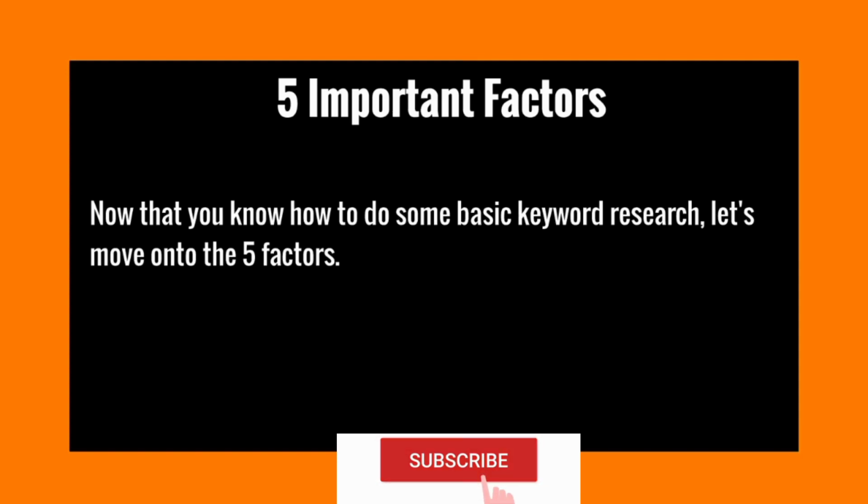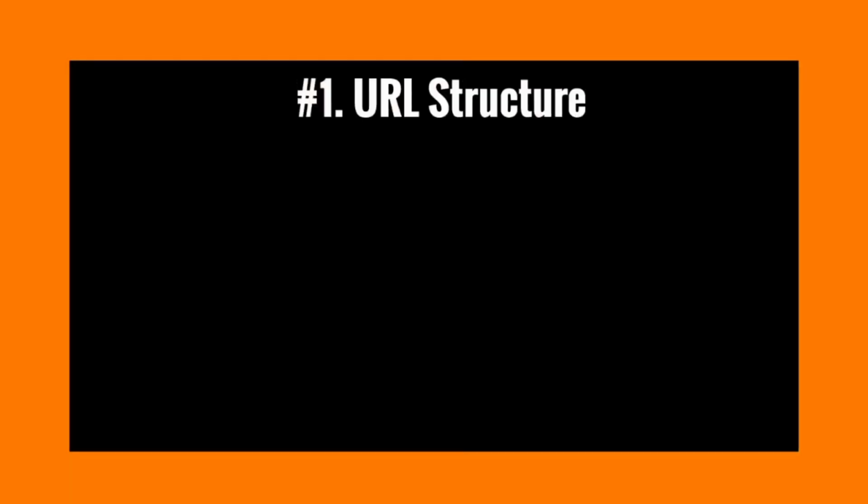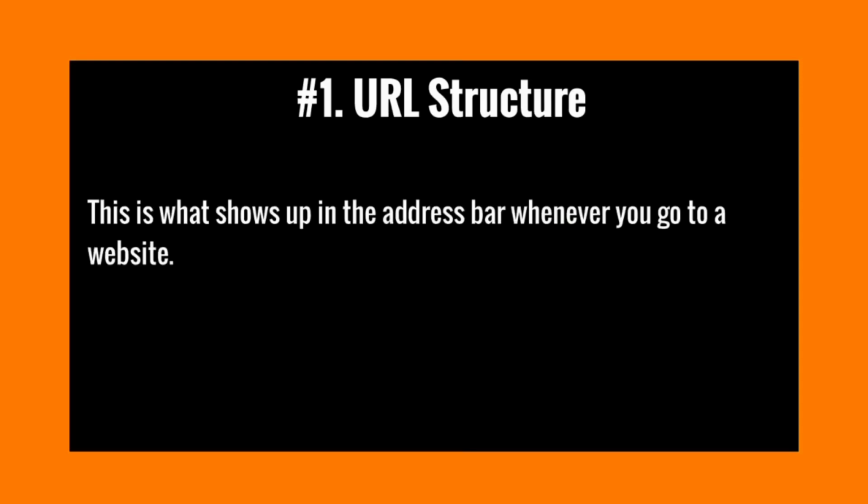So now that you have a basic understanding of basic keyword research, let's move on to the 5 important factors. And they are, number 1, the URL structure, or the domain name and the category name, the file name, even the page name is important. And this is what shows up in the address bar at the very top.